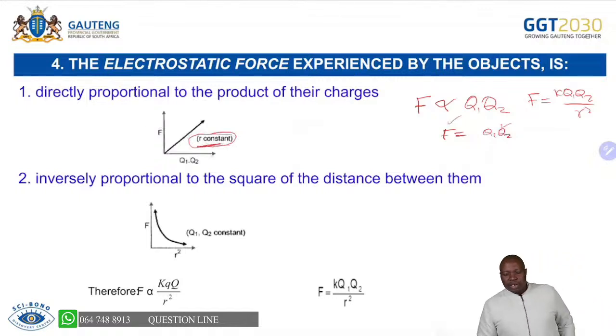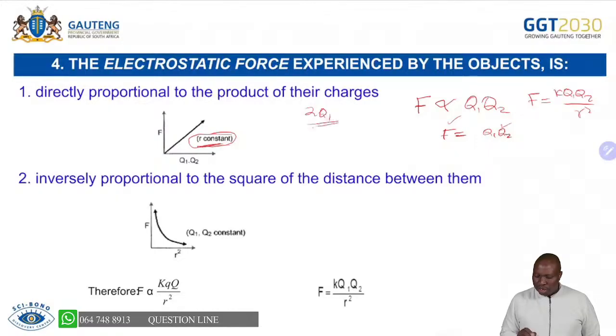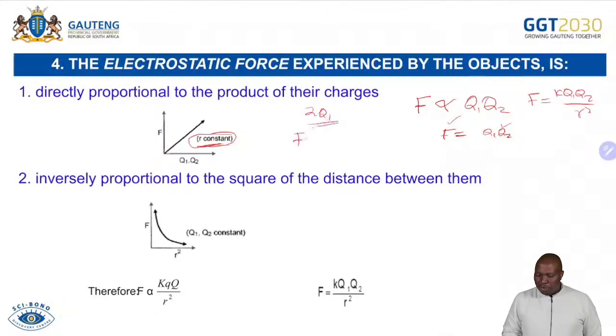That question is an exam question, more especially in multiple choice questions. You will get questions where they say, what will happen if we double the charge? What will happen to the force if we double Q1? What you do is simply write the formula F equals K Q1 Q2 over R squared.